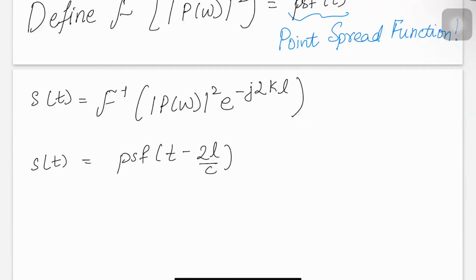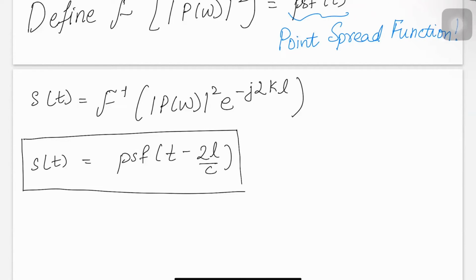So what we see here is very important. If I have a single target at a distance L, then the response of that target is essentially a time shifted version of the point spread function.